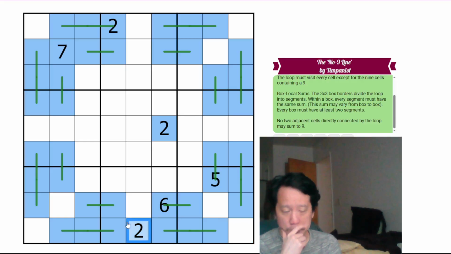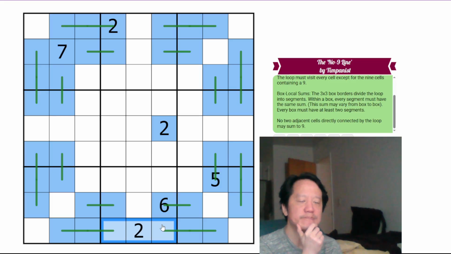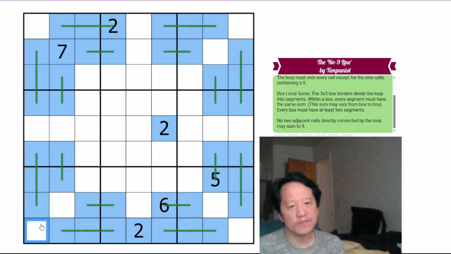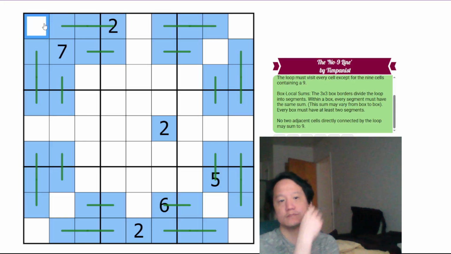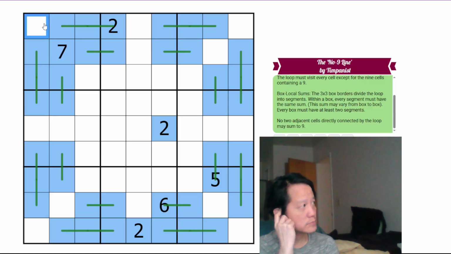This 2 could just go straight through. That is possible. So we have 9 is one of these two. 9 is one of those two.